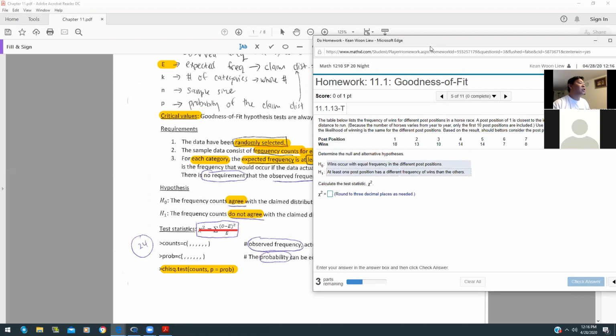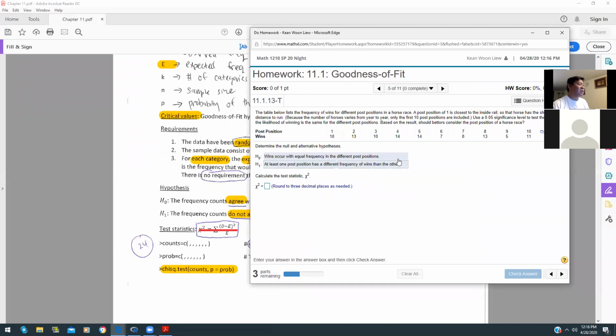You just say one agrees with the claim and the other does not agree. So it's very straightforward in your test. Your homework is just a bit special. The other one is they have positions have, so it's a plural, and it should be singular.